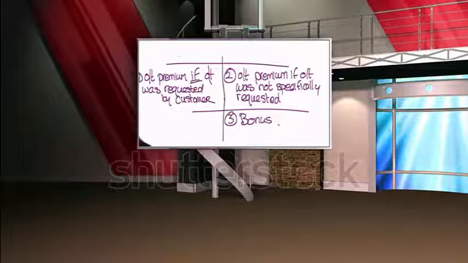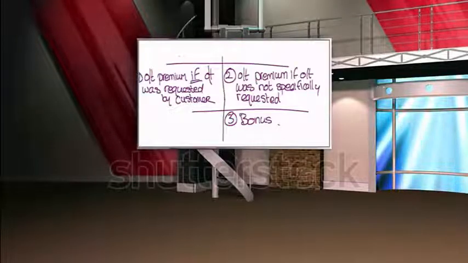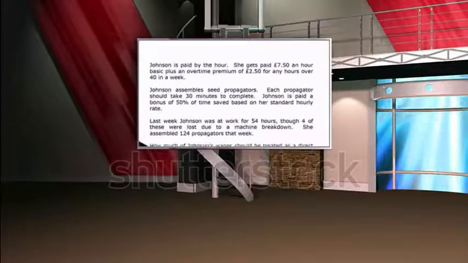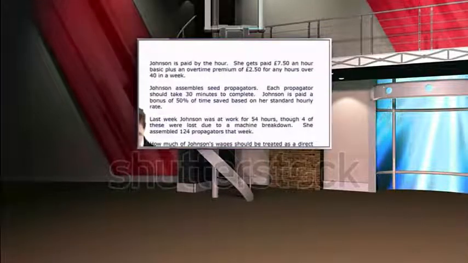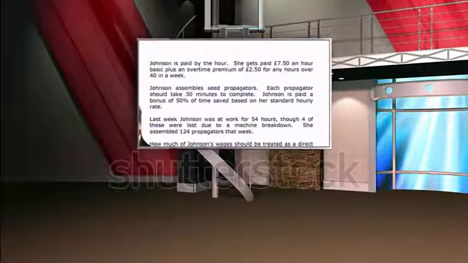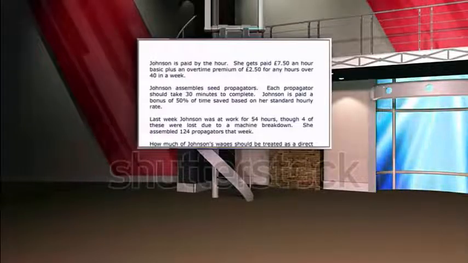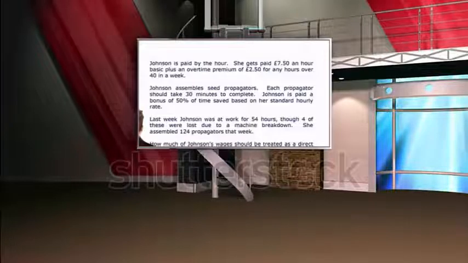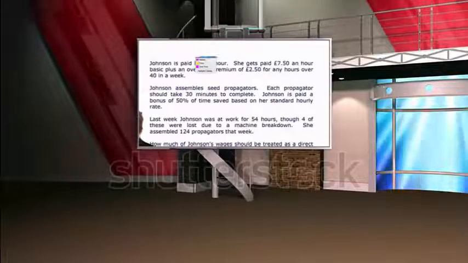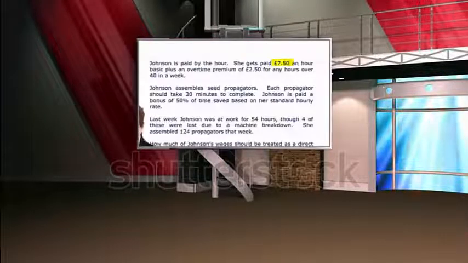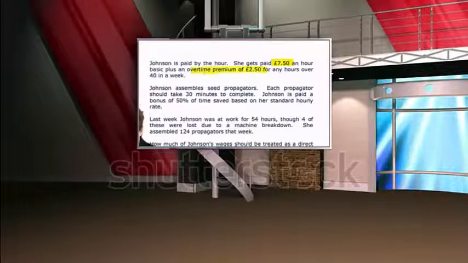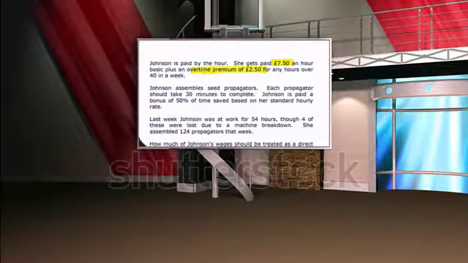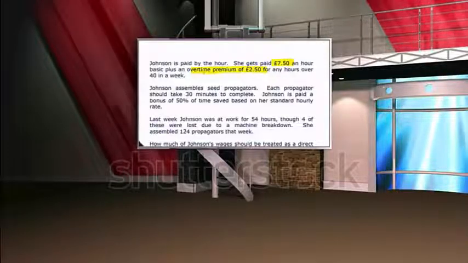So let's have a look at an exercise then that brings all of these ideas together. So we're told Johnson is paid by the hour. She gets £7.50 an hour as her basic rate and an overtime premium of £2.50 for any hours above 40.